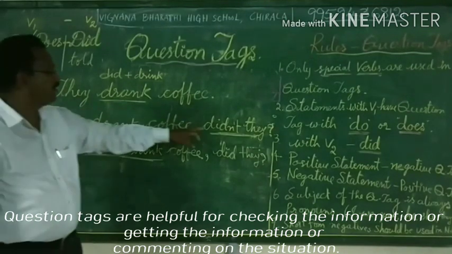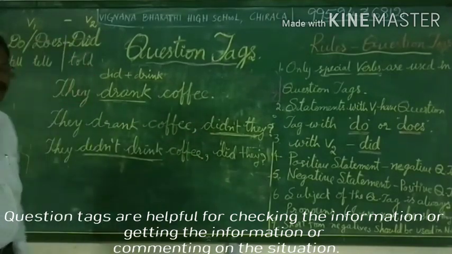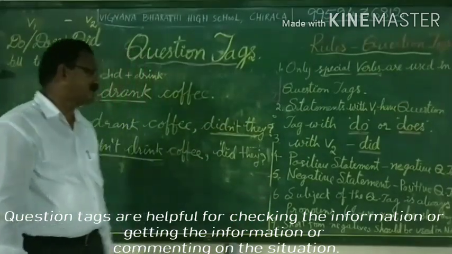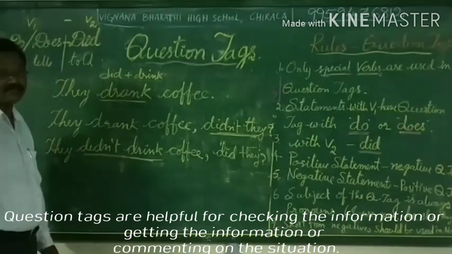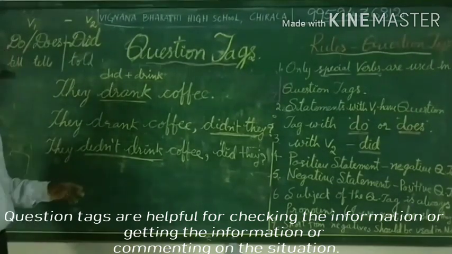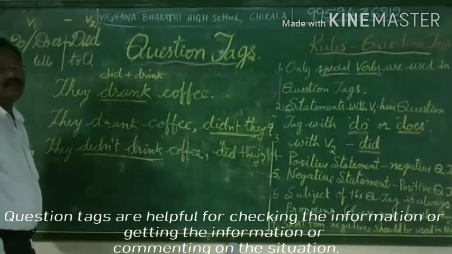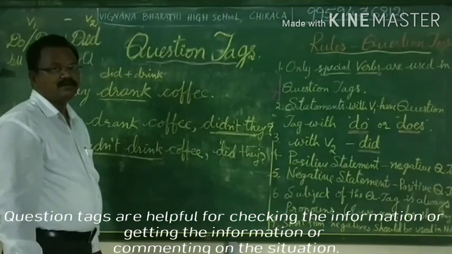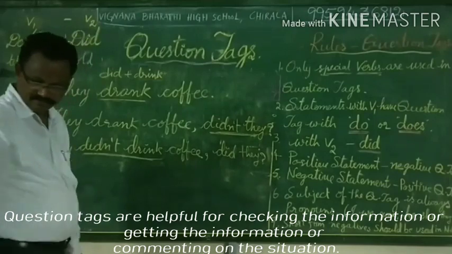For a positive statement, a negative question tag; for a negative statement, a positive question tag, we practiced well. So dear students, with the help of these rules, the set of rules I already taught in the previous class and reminded many times while the class was going on, you have to practice very well and use this conversation very intelligently in your day-to-day communication.